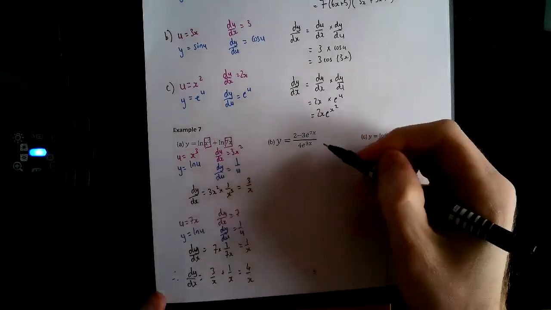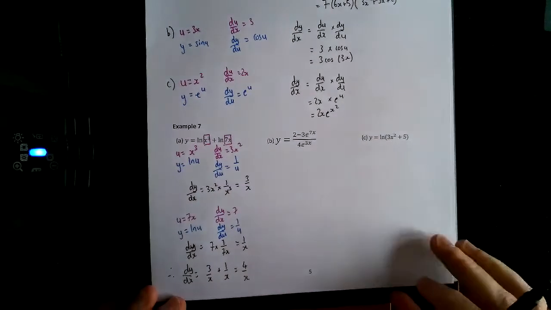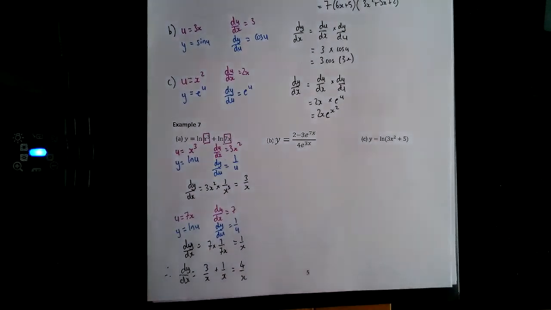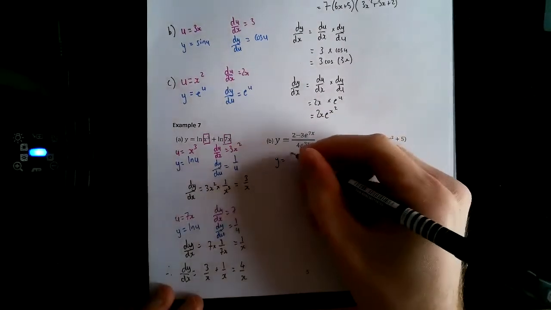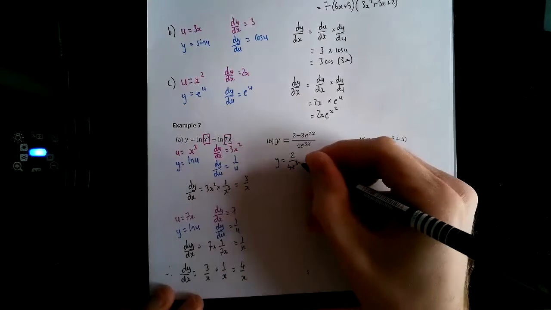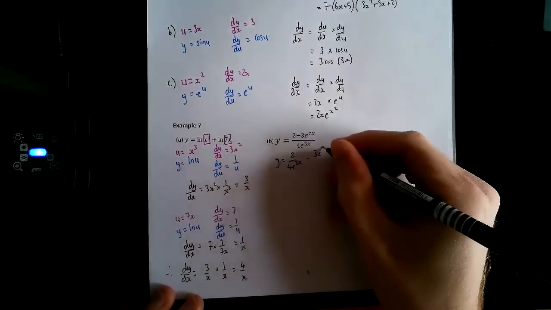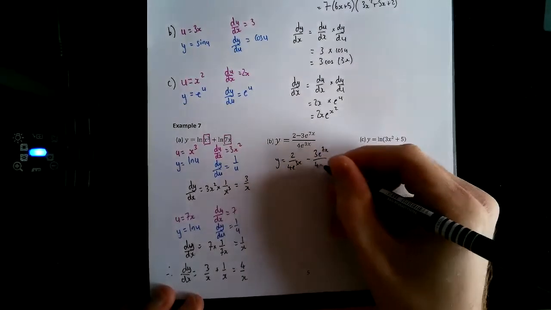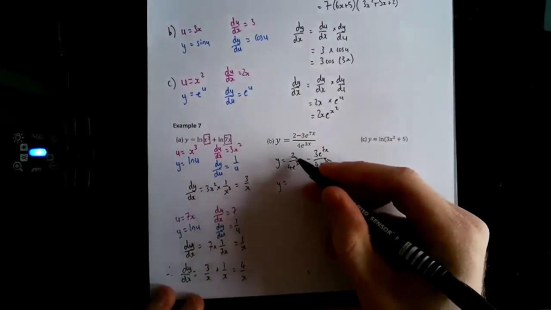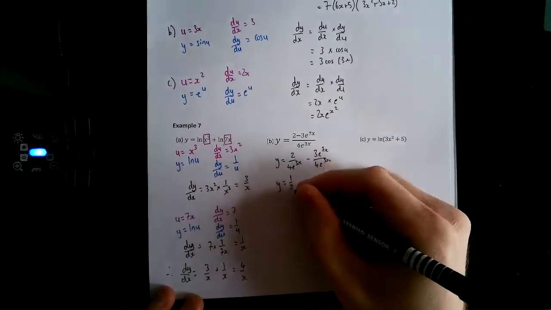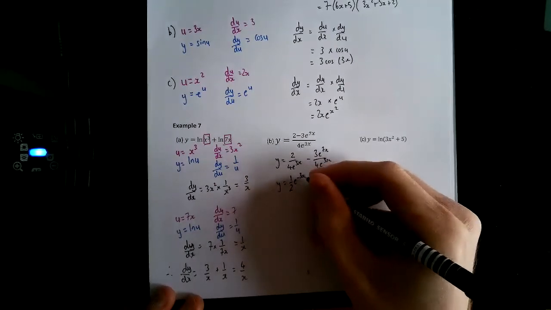Okay, the second one. Before I use the chain rule, because I can't use it how it's written, I need to simplify each term. So I'm going to write it as 2 over 4e^3x, take away 3e^7x over 4e^3x. Then the first one, 2 over 4 becomes a half, and this becomes a negative power.